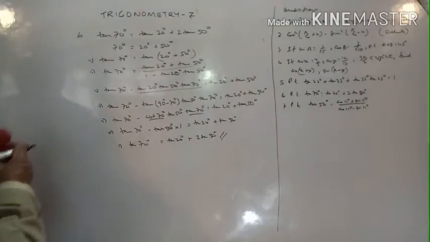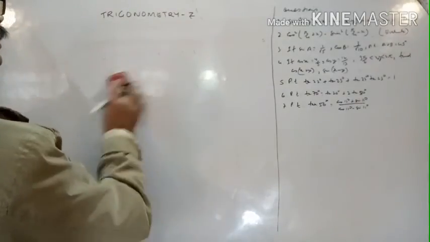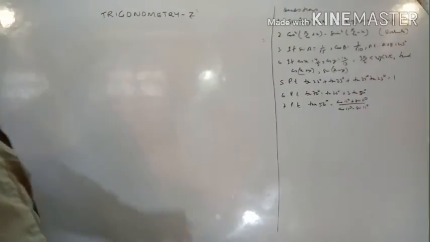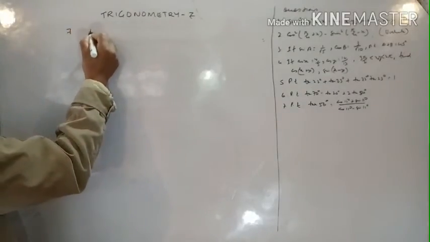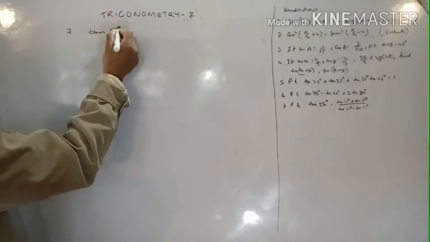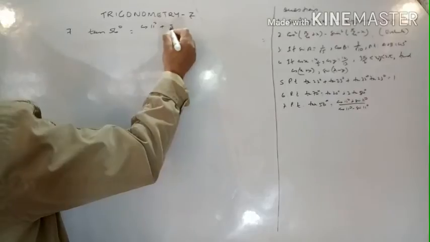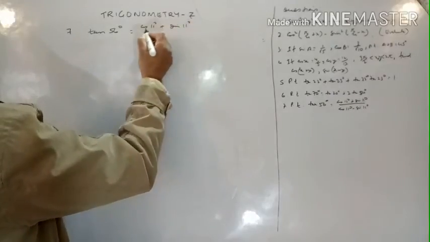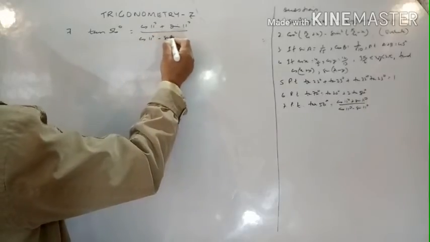Now we take the last question for the day, question number 7. We have to prove that tan 56 degree equal to cos 11 degree plus sin 11 degree over cos 11 degree minus sin 11 degree.